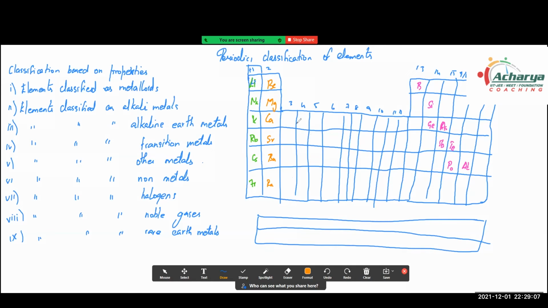Let's take up the first row, which starts with scandium, titanium, vanadium, chromium, manganese, and then iron, cobalt, nickel, copper, and zinc.